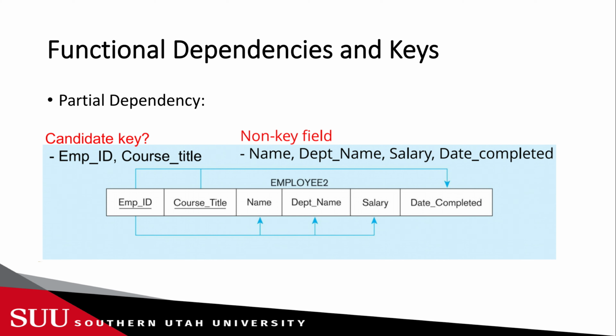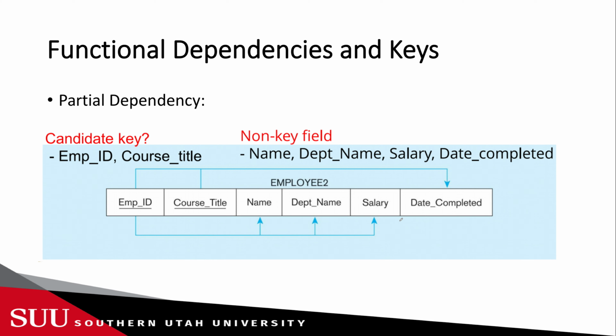So if we look closely, we have some full dependency here and we have some partial dependency in this case. What do we mean by partial dependency? We mean partial dependency when some non-key fields depend on a part of our candidate key. Now our candidate key in this case is a composite primary key which consists of two parts, employee ID and the course title.